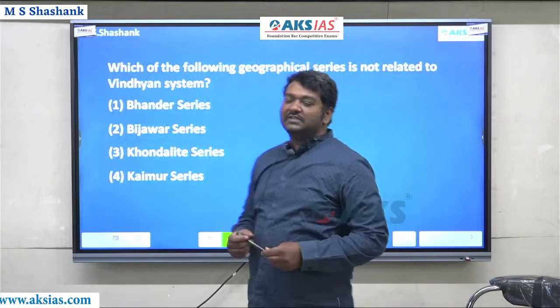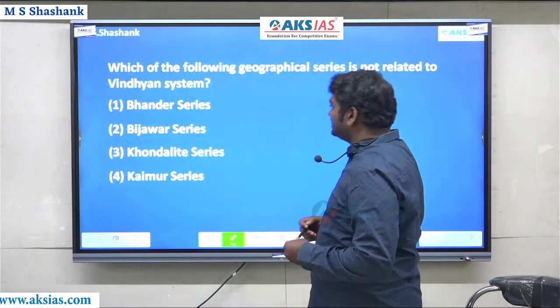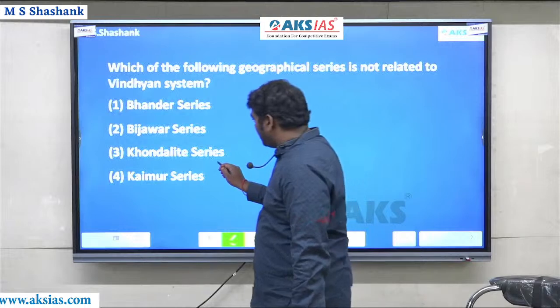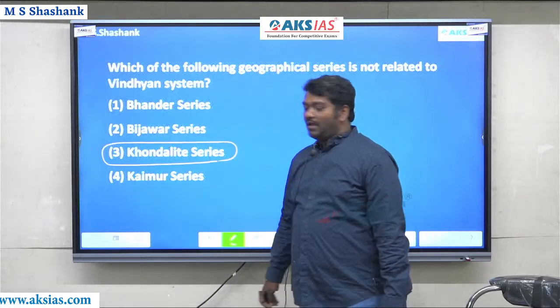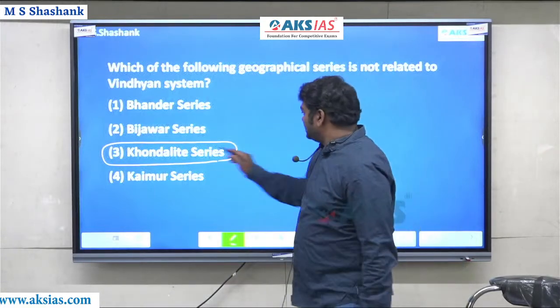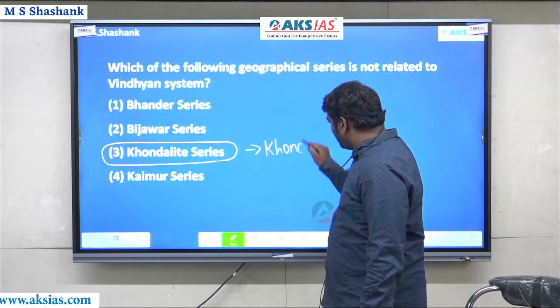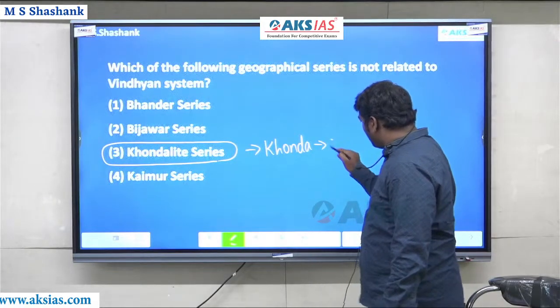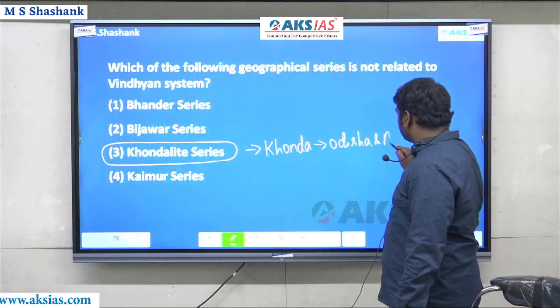Because this topic is associated with AP geography, and in this, if you look, this is Kondalite series. And why is this correct? The main reason is it is actually taken from the Konda tribe, which is present in Odisha and Andhra Pradesh.